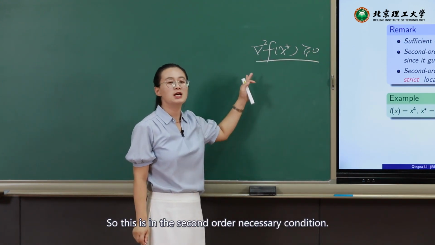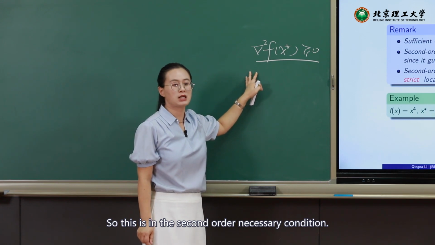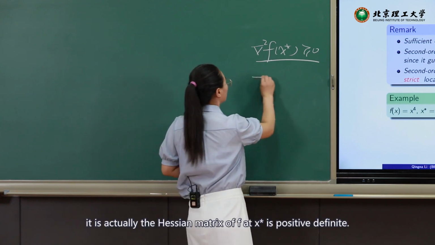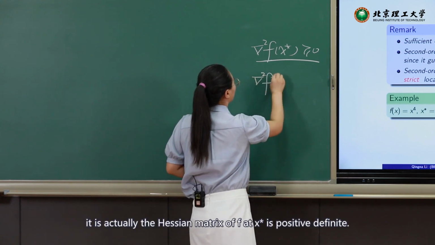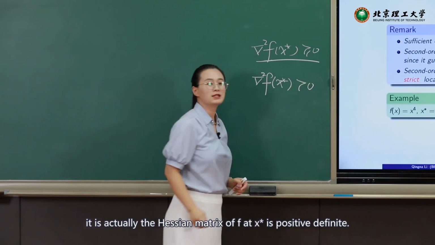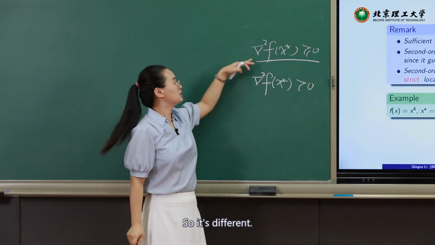Okay? So this is in the second order necessary condition. However, in the second order sufficient condition, the Hessian matrix of f at x star is positive definite. Okay? So it's different.